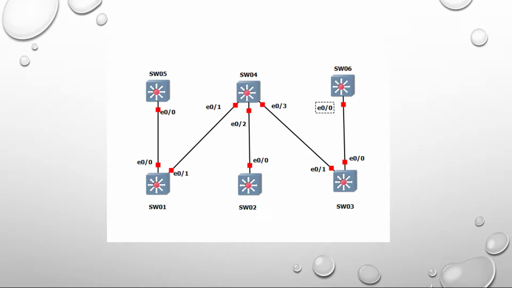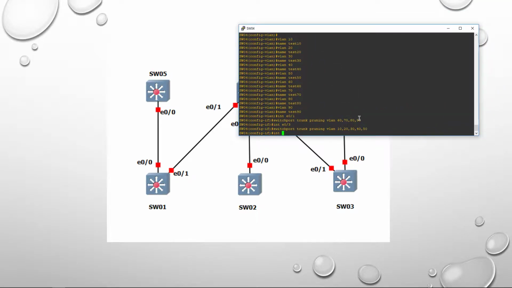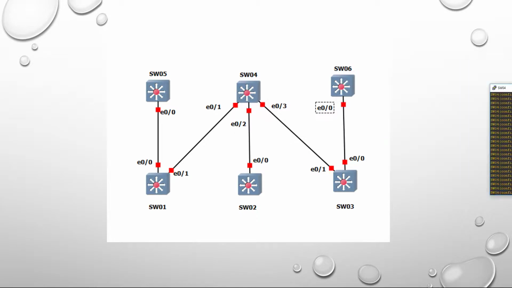Then the cables are now connected. We're gonna continue the configuration. So interface range E0/1-3. Then we'll do a no shut, and we're gonna do the rest.